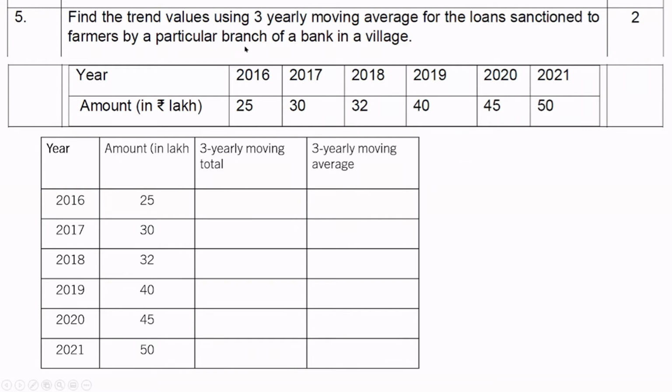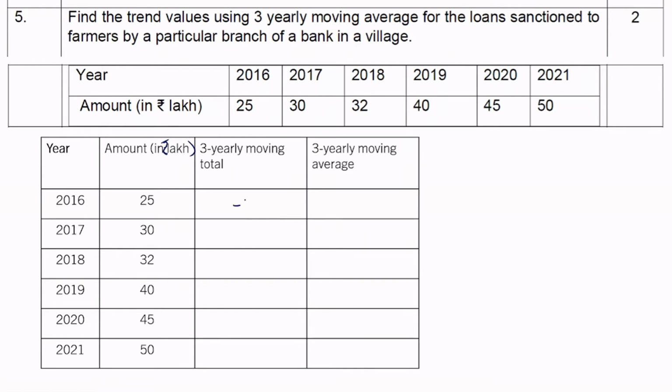So we need to find the 3 yearly moving average. So let us draw this table. So for various years, the amount in rupees lakhs, let us write it here. Then in the next column, we have 3 yearly moving total and in the next column, 3 yearly moving average.